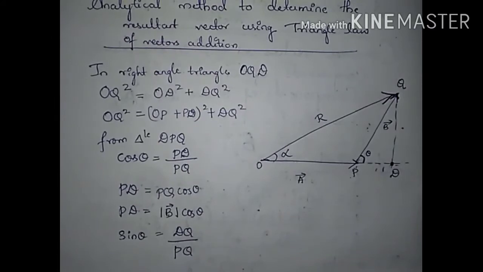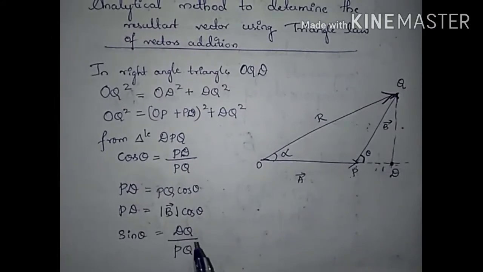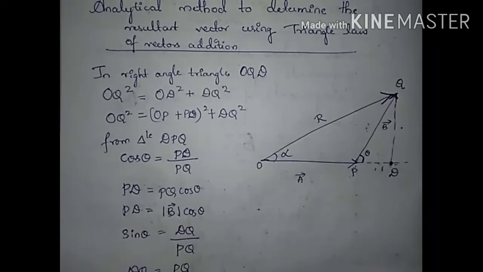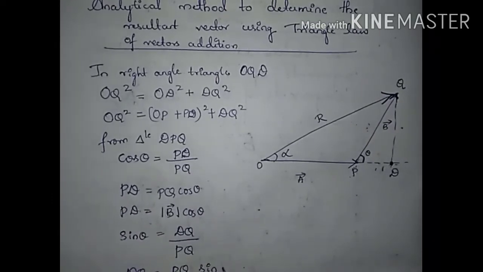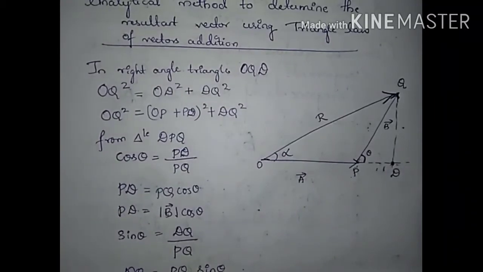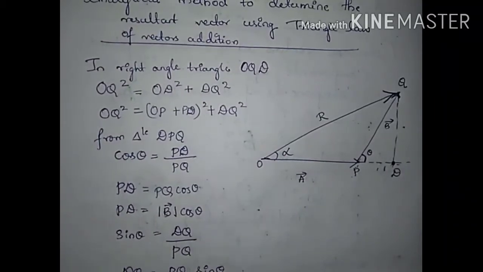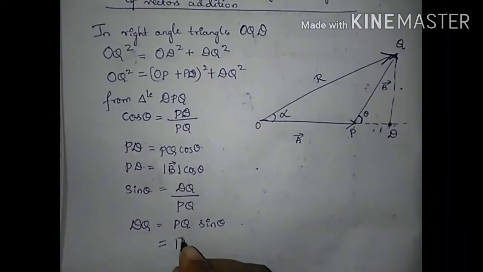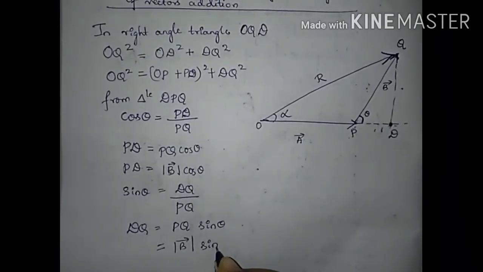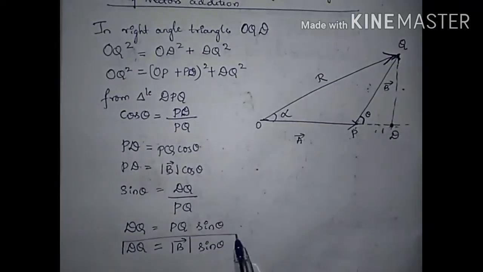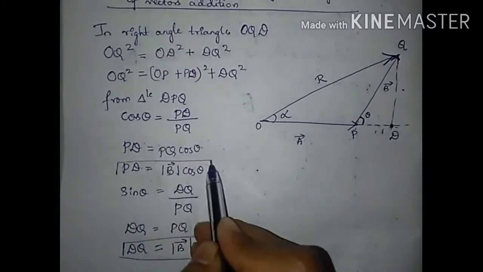So from this you can write DQ is equal to PQ sin theta, and PQ is again B. So DQ is B sin theta. So you found what is DQ and what is PD.